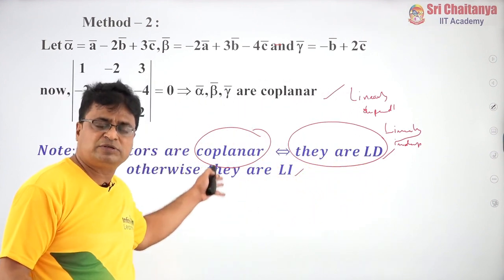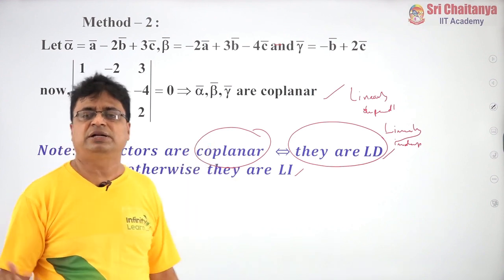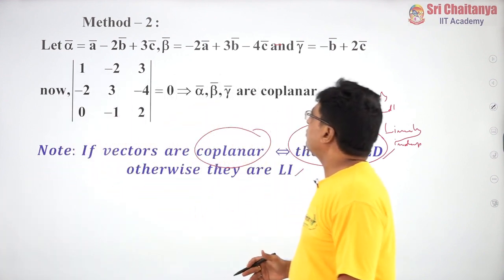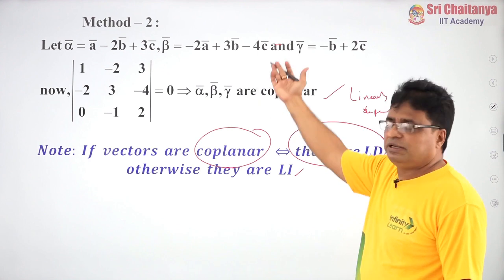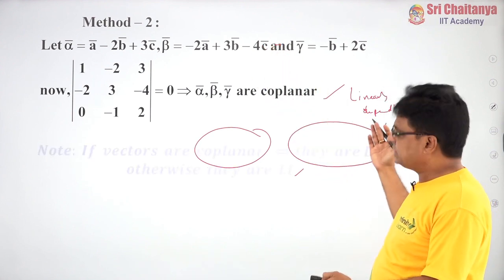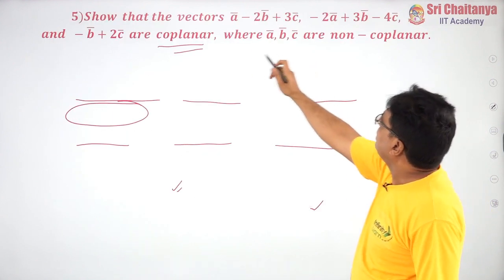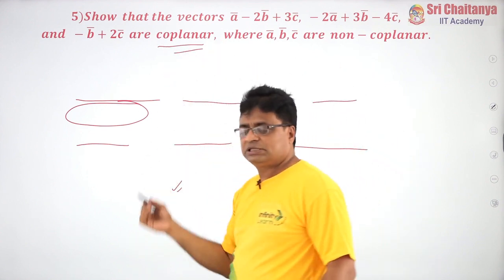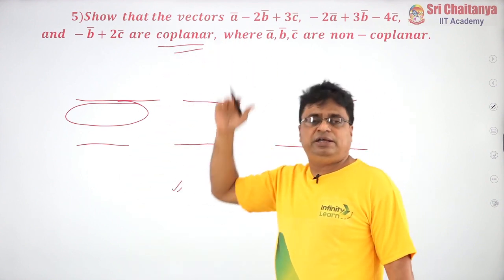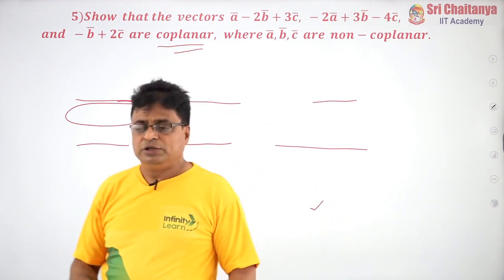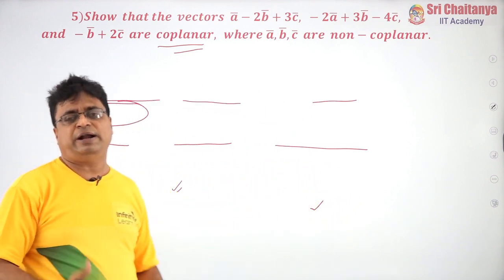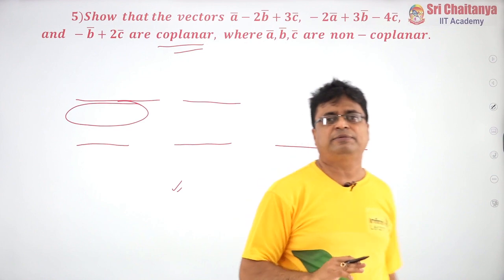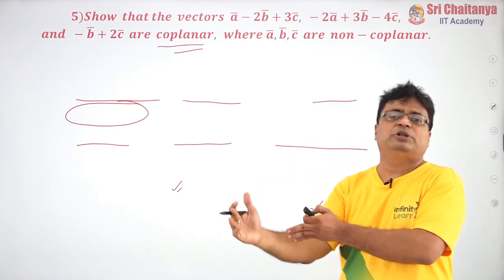And problems based on LI and LD may also be asked in competitive examinations. Of course, the same question they may ask. Here the statement is: show that the vectors are coplanar. In the place of coplanar, sometimes: show that the vectors are LD, linearly dependent. So, the same procedure you can adopt. You find the determinant and prove that as 0.